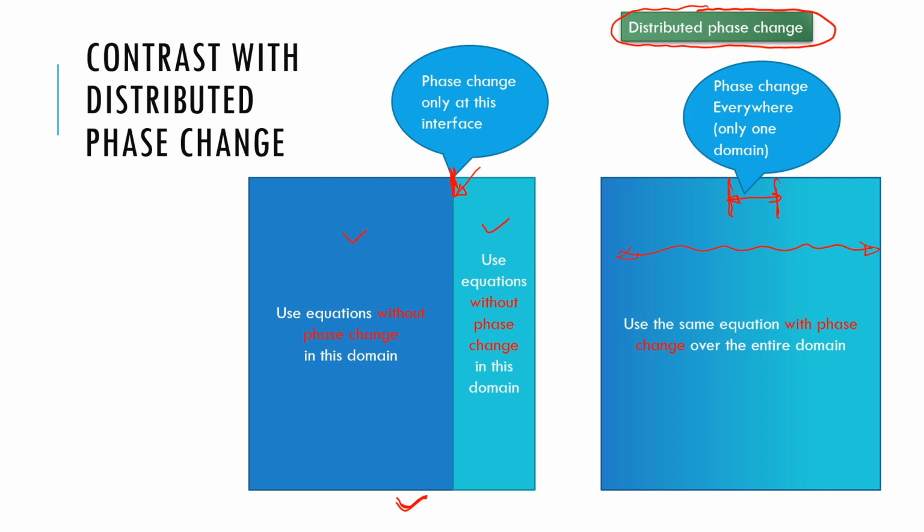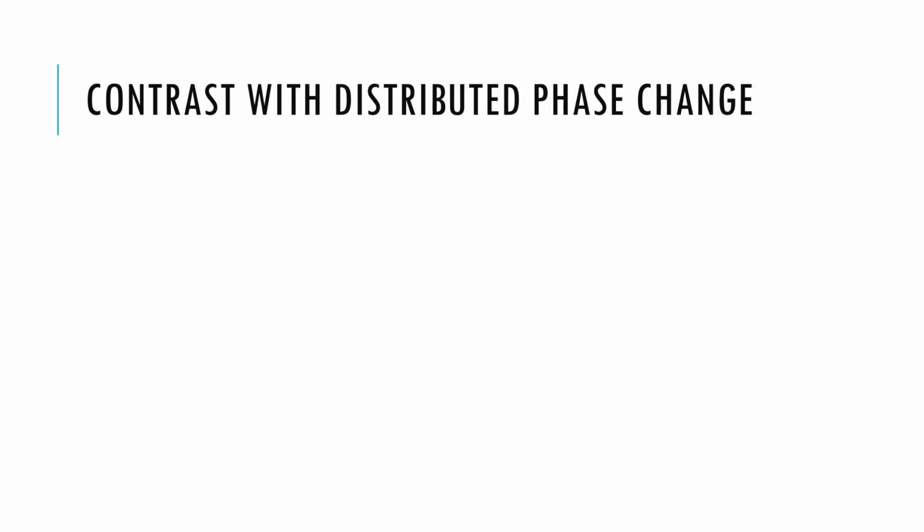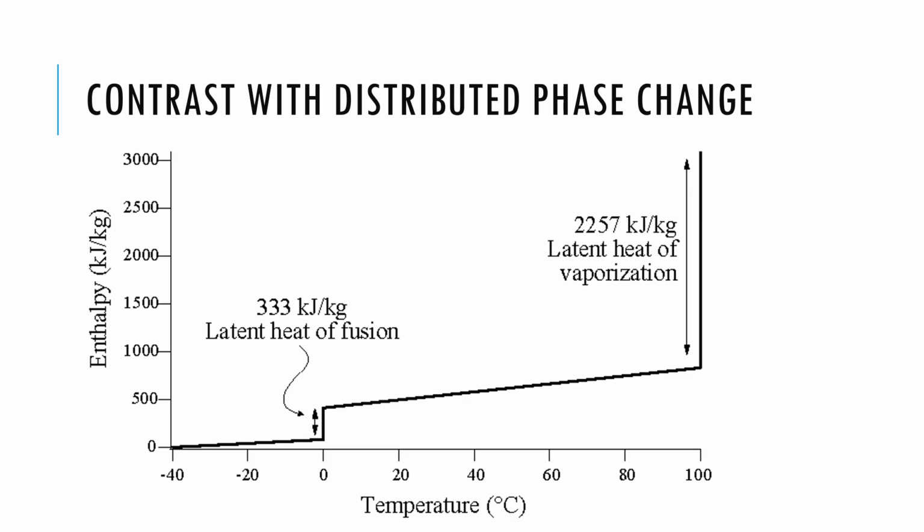Examples of this can be seen in the next module on porous media, where we include evaporation, or in applications like freezing. So as we continue relating to and contrasting with distributed phase change, here is another way to look at the differences and the similarities between the two.